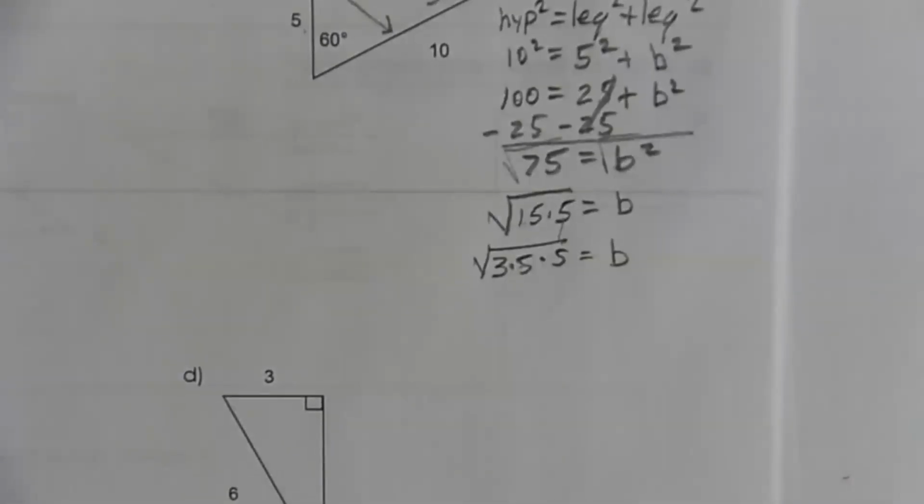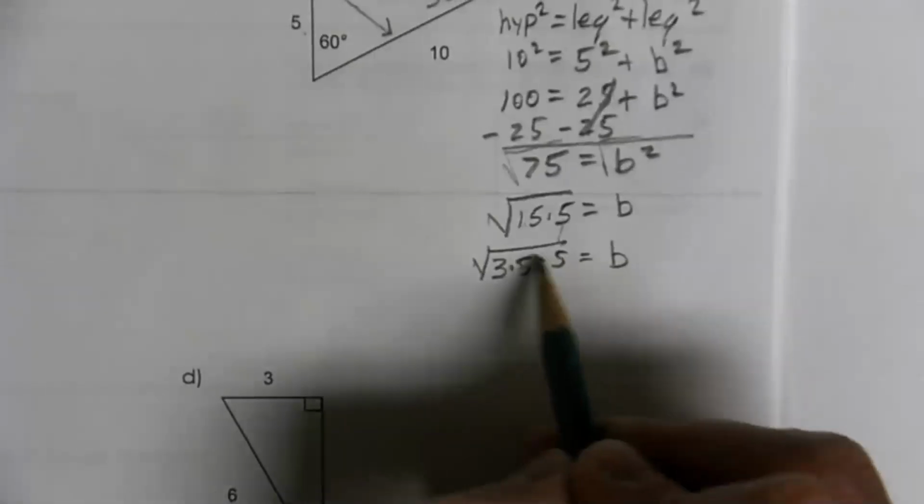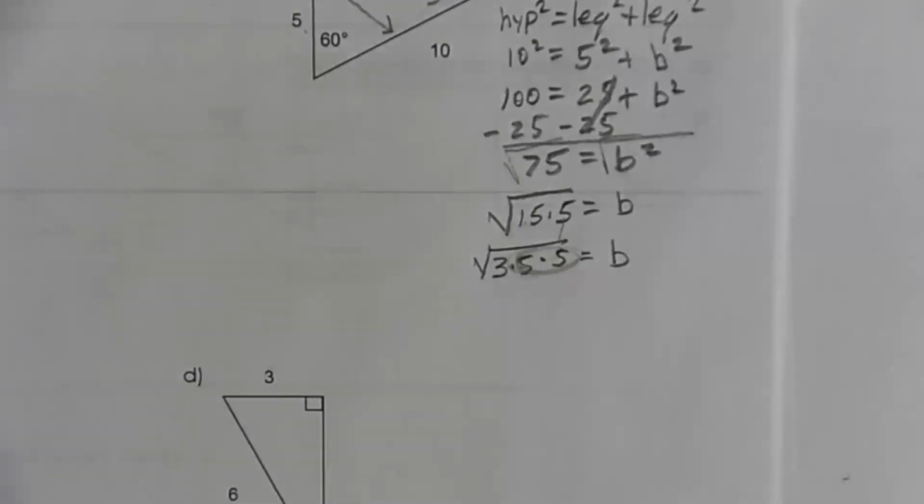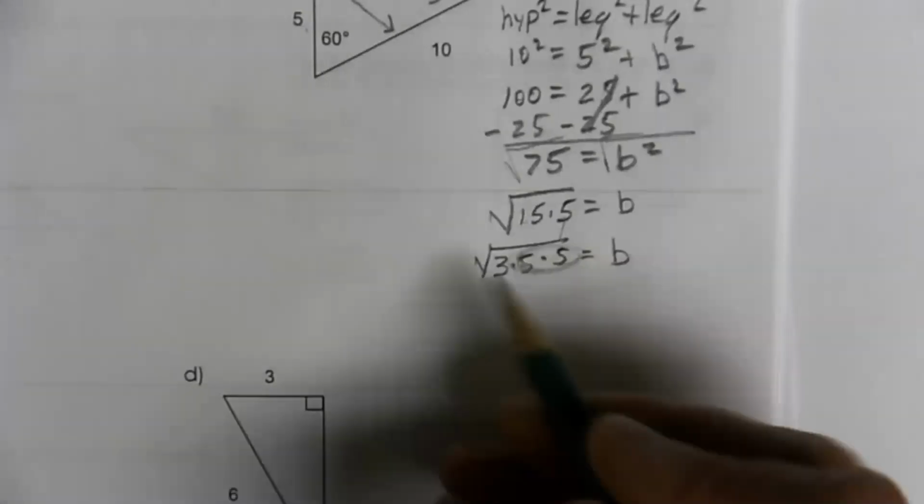Do you have a pair of the same numbers? Yes, so I like to physically circle those same numbers. And what do we do if we circle that pair of the same numbers? You pull that onto the outside.